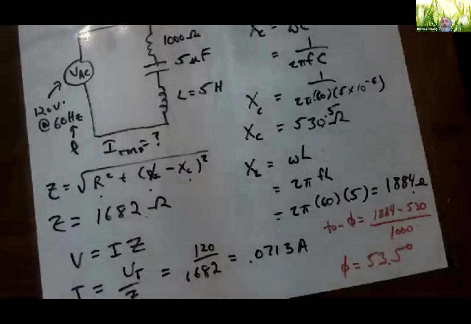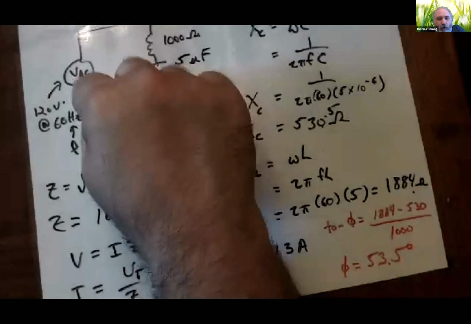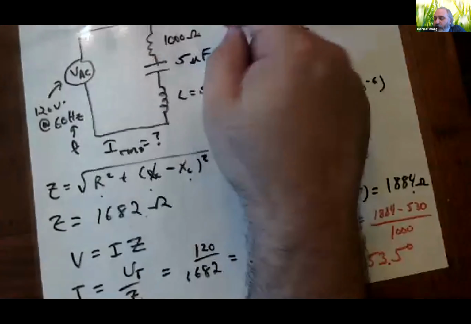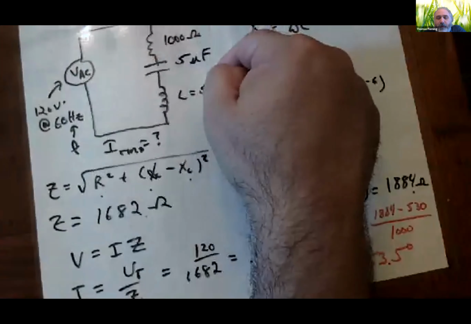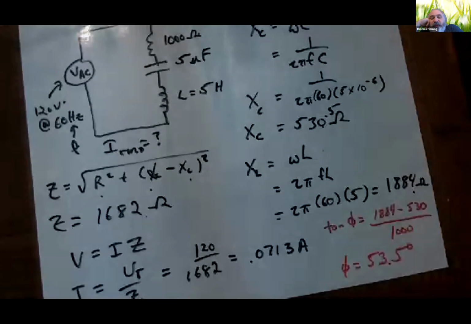Would it be possible to get more current out of the circuit? Could I perhaps squeeze a bit more current out of the circuit just by changing the frequency? I'm not making the battery stronger, and I'm not going to change the values of R or C or L, but I would think about changing the frequency at which I'm operating. Could I pull that off?